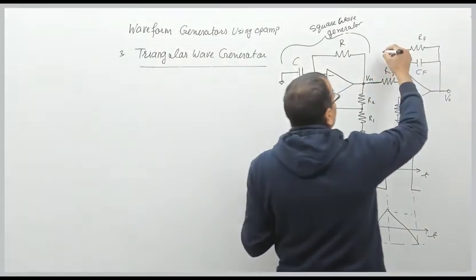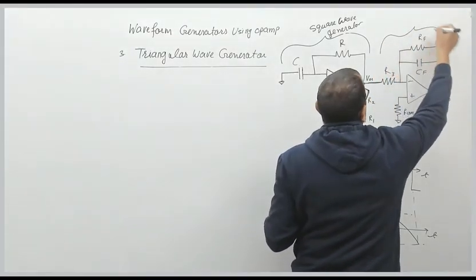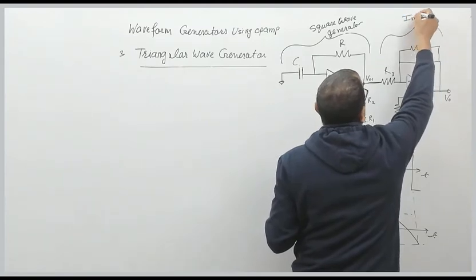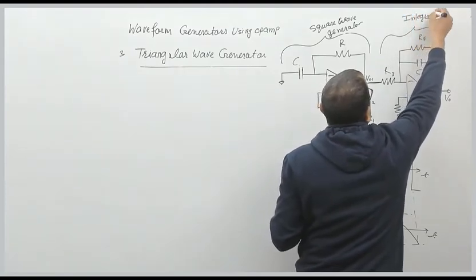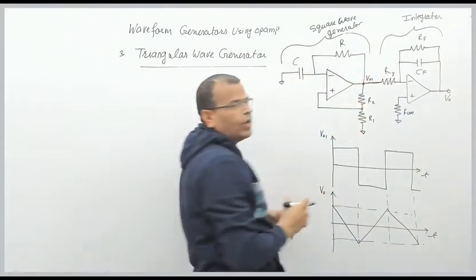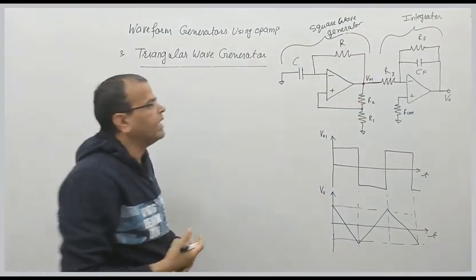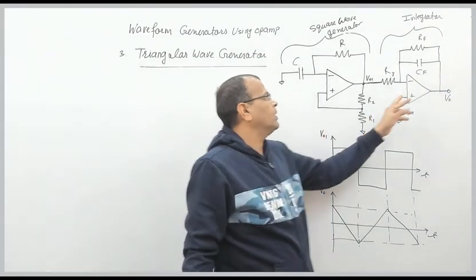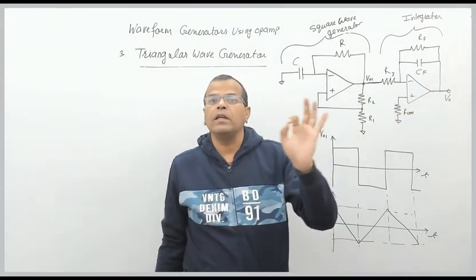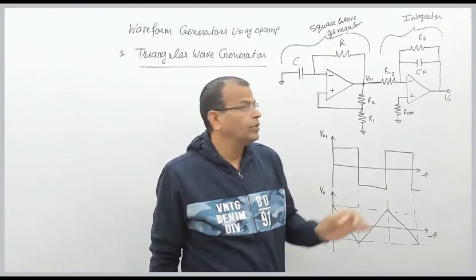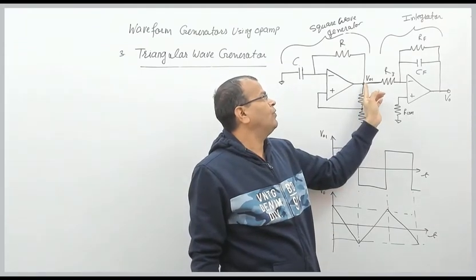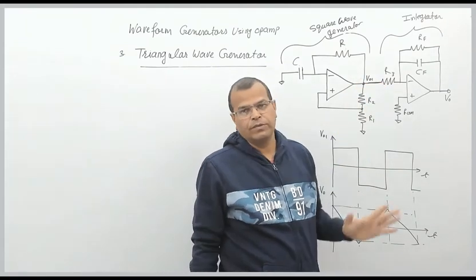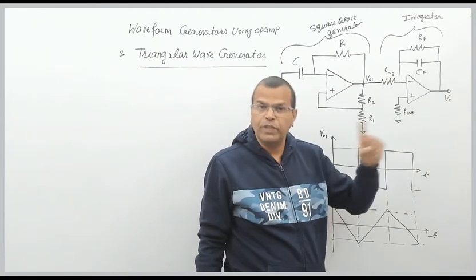The second part of this circuit is the integrator. The output of the square wave generator is connected at the input of an integrator. Remember, the integrator is connected in inverting mode, so the output of the square wave will be inverted when it goes to the output with integration.